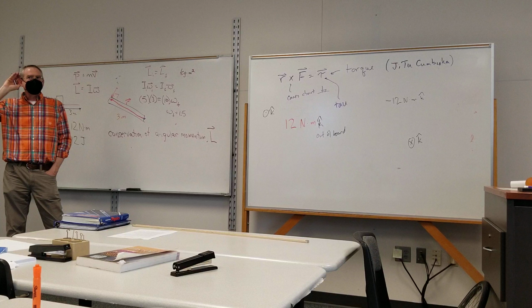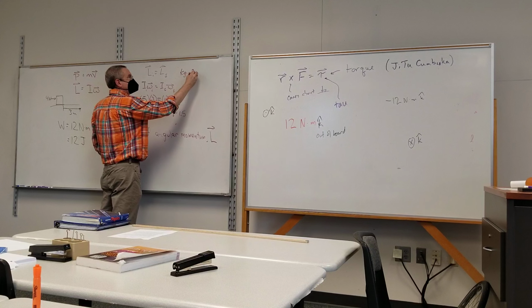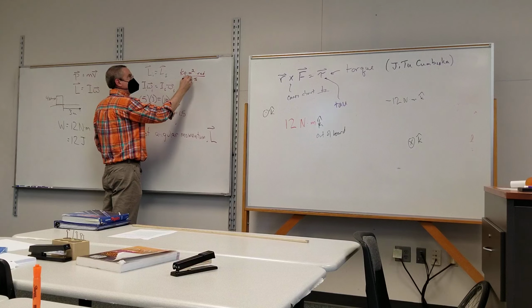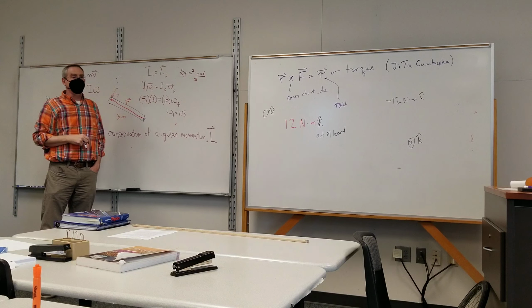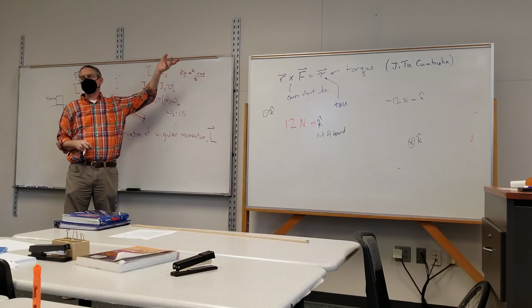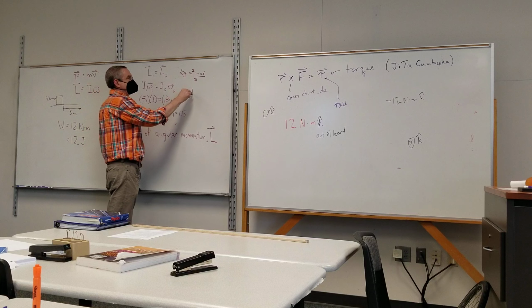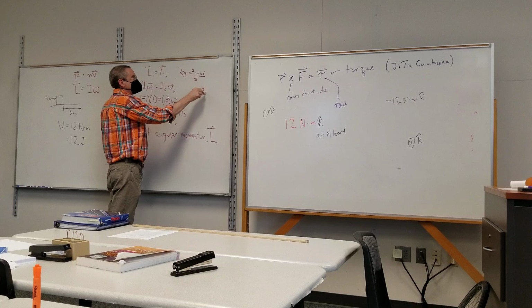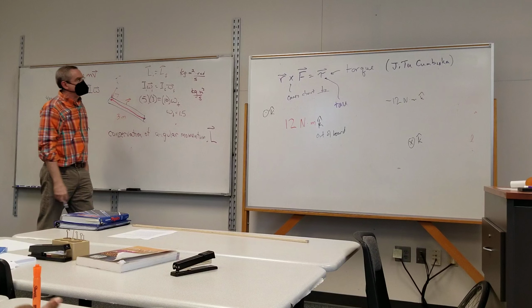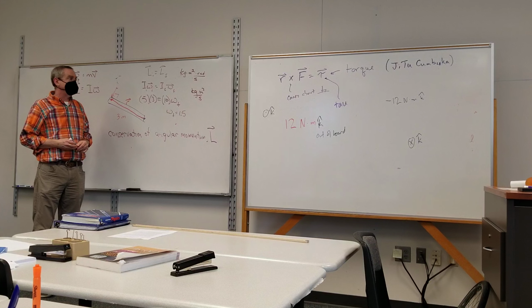Radians over seconds? Yep, radians over seconds. All right, so those are the units that you're multiplying together, kilogram meter squared times radians per second. Radians, when you start multiplying it by things, generally it's not written, so this is a kilogram meter squared per second. And that's the unit. There's no nice single word unit for it.